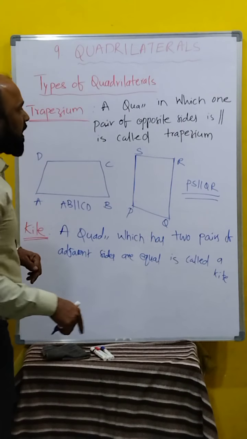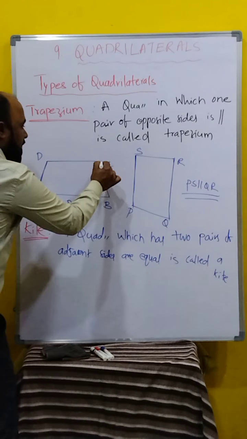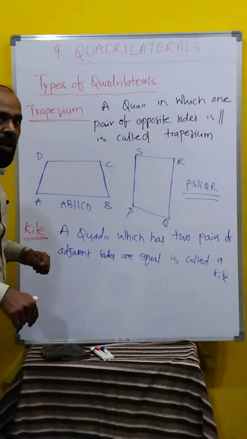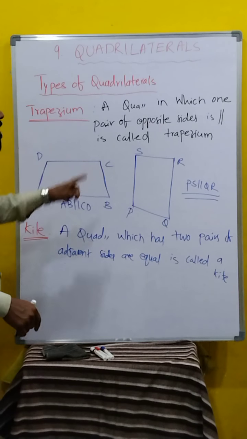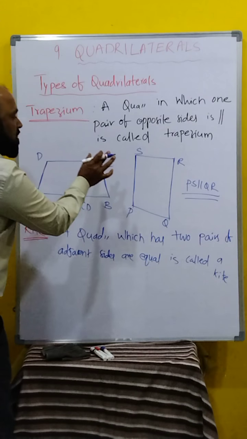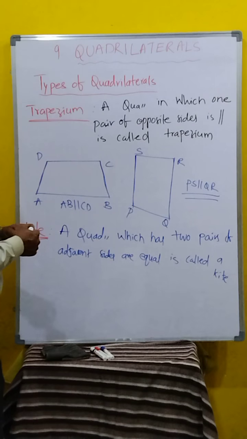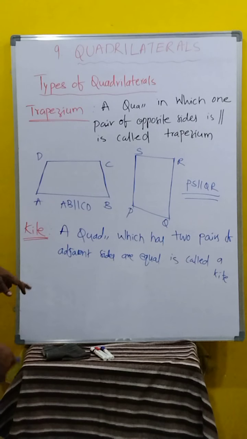Suppose one more also there, isosceles trapezium, means non-parallel sides are equal. If non-parallel sides are equal, that is an isosceles trapezium. Example, AD is equal to BC, that is an isosceles trapezium. Clear, children? Yeah.